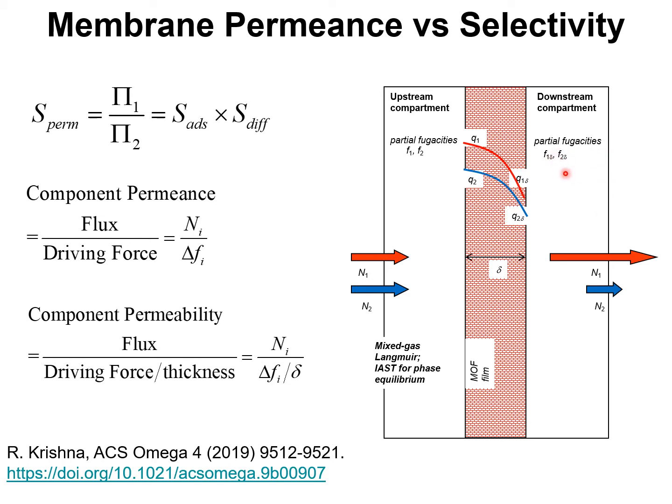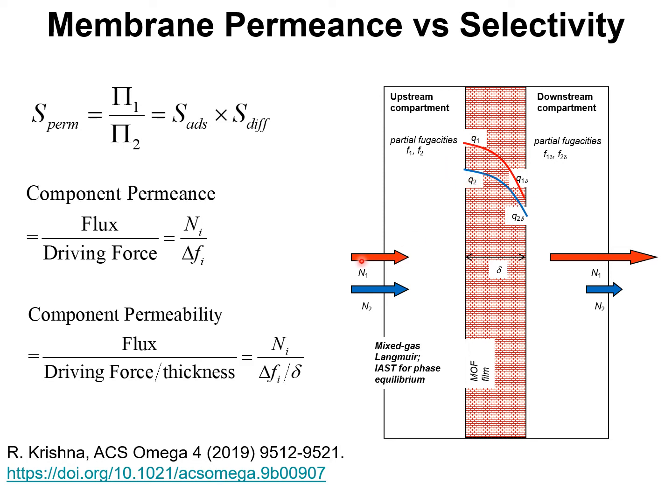The partial fugacities of the components in the downstream compartment of the membrane are f1δ, f2δ. Usually these are significantly lower than the partial fugacities in the upstream compartment, and the corresponding loadings at the downstream face of the membranes q1δ and q2δ are lower than the loadings at the upstream face.